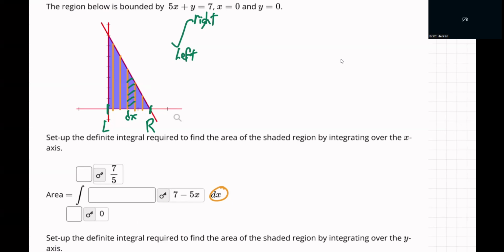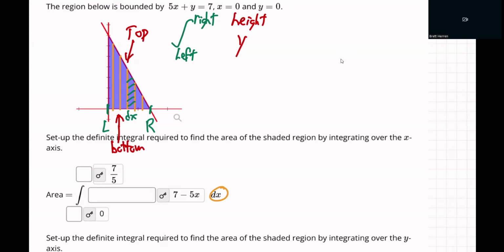And we're going to add up the integrals from here to here. And each of those integrals has a height and a width. And what's the height of each of those rectangles? Well, it's the y value of this function, right? It's the top edge minus the bottom edge. And the bottom edge is just 0.